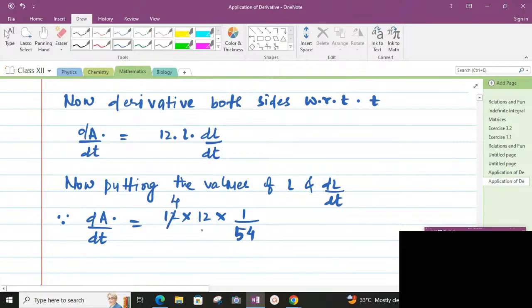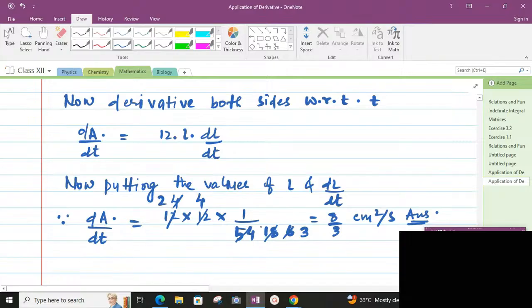So cancelling common factors, 3 fours are 12, 3 sixes are 18, 2 twos are 4 and 2 threes are 6. So here it will be 8 by 3 centimeter square per second. So this one will be the answer.